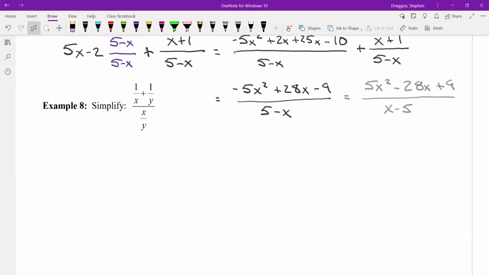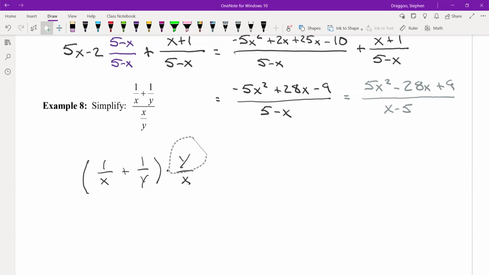Okay, up next, simplifying 1 plus x over y. So step 1 is to rewrite this thing like so. This is 1 over x plus 1 over y times y over x.